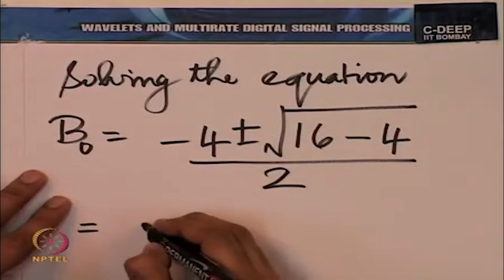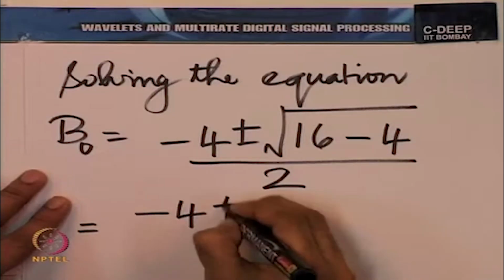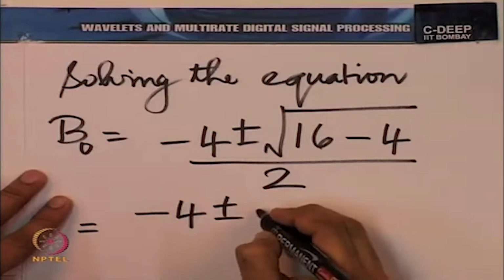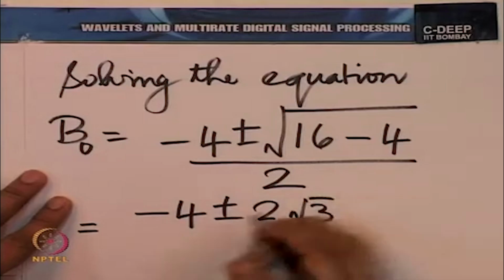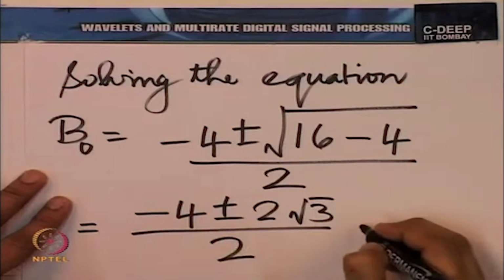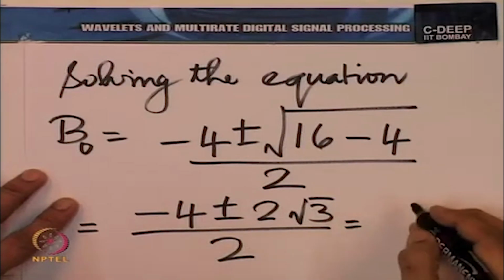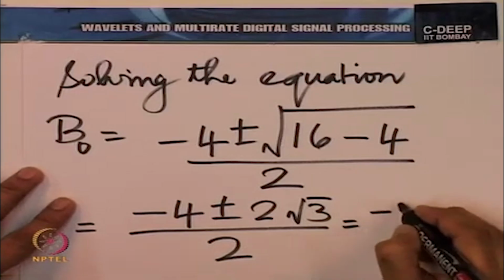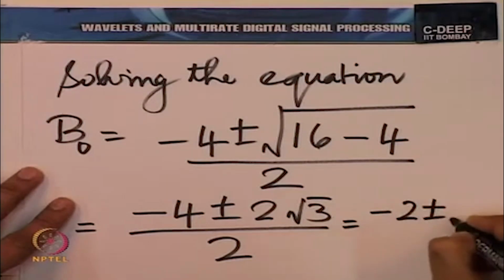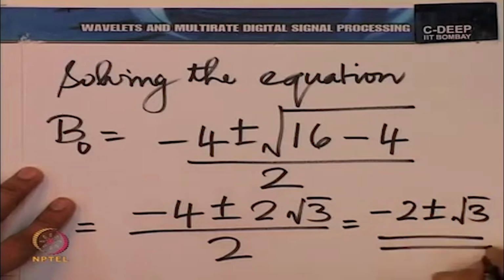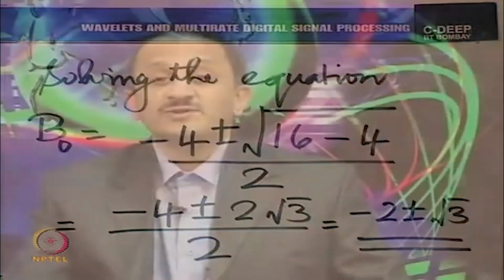That gives us minus 4 plus minus 2 root 3 divided by 2, and that gives us two solutions, minus 2 plus minus square root of 3. Now, we have two solutions here. Which of them should we choose?